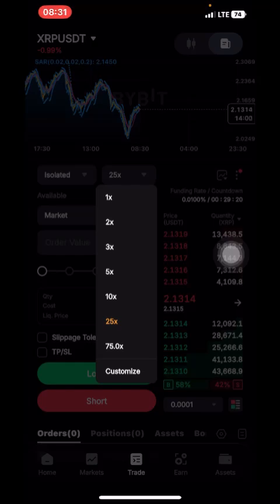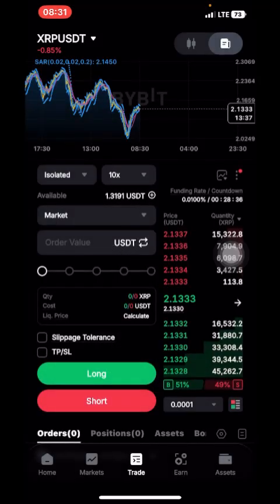So we don't advise leveraging high. Yes, it can favor you when you are in profit, but it will also backfire on you with that momentum. So we prefer you use at least 5x, 3x, depending on how you want to manage your risks. I like using 5 to 10x while trading.